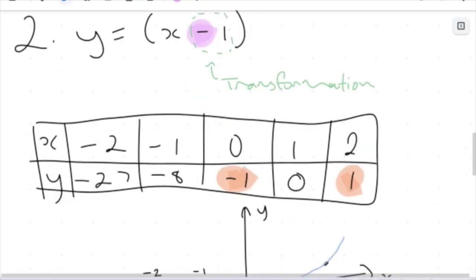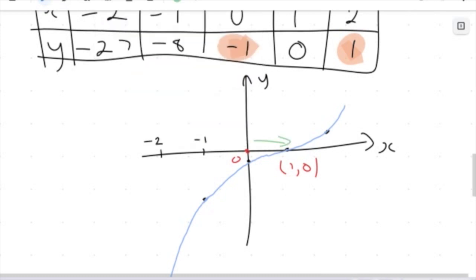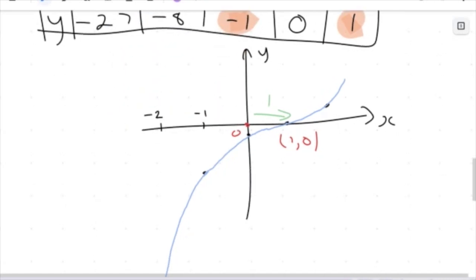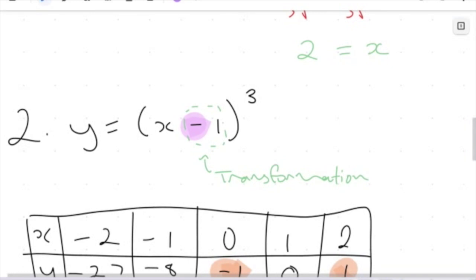So since this is negative, it's getting shifted 1 unit to the right, and everything here, compared to our original cubic, gets shifted 1 unit to the right. Now, if the sign in front of the 1 was positive, it's going to get shifted to the left. When we have these x's here, we're looking at the opposite direction. So this negative here means a shift 1 unit to the right.